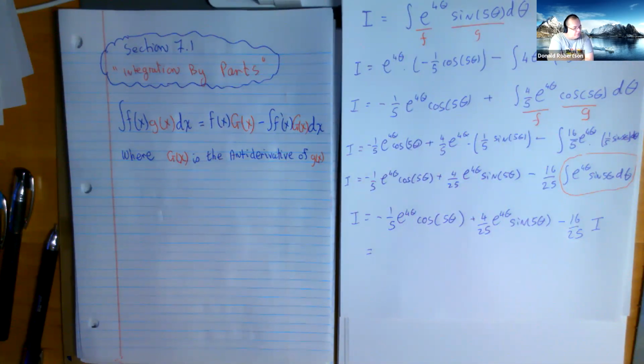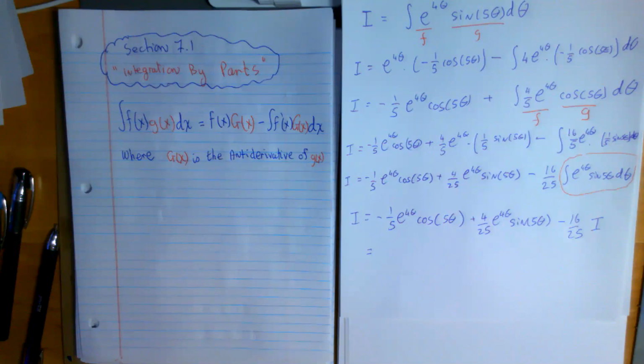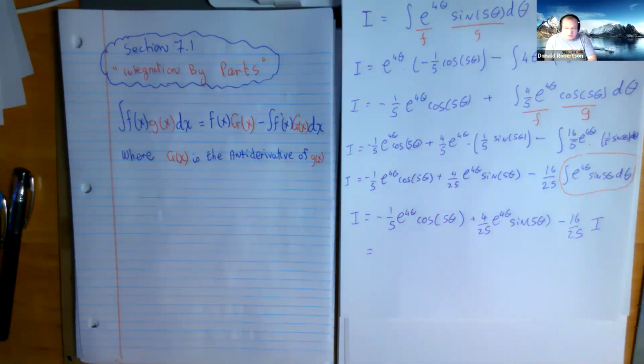Where do I go now? Remember, the quest here is to find out what I is equal to exactly, right? What can I do next? Just move it to the other side of the equation. So I'll add 16 25ths to both sides. And that gets me 25 and 16.